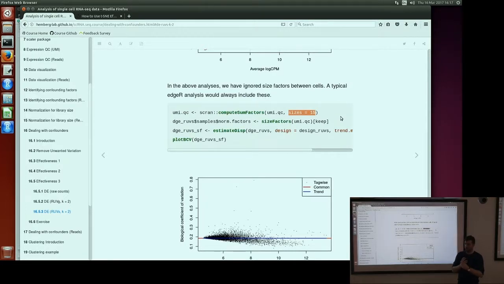This is a little problematic, going back to the earlier question, where if we've defined cell types from the expression data, then by definition there must be differences in expression for some genes between those cell types. And so the statistical framework that edgeR works in assumes a designed experiment.